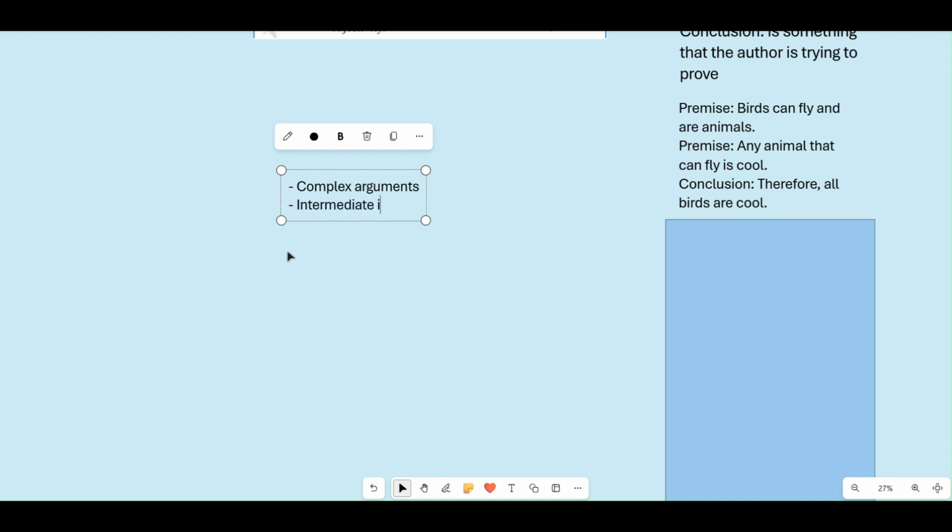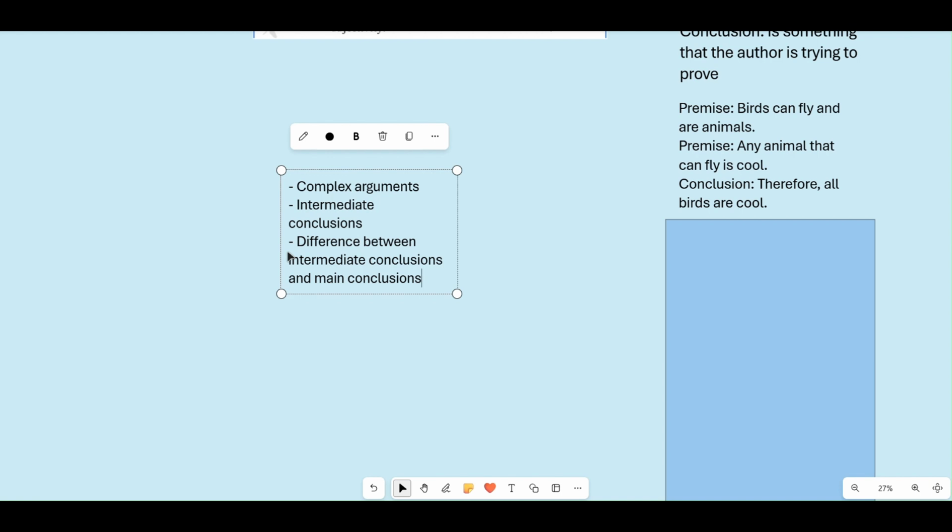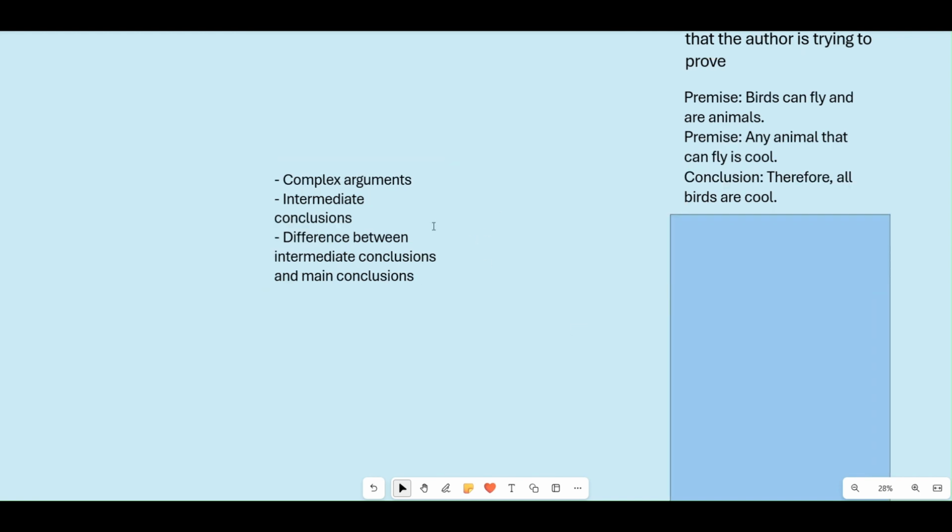We have to understand what intermediate conclusions are, how we identify them, and how to differentiate between intermediate conclusions and main conclusions. So this is really the next level of the foundational skill of understanding main conclusion questions, premises, and arguments on the LSAT.